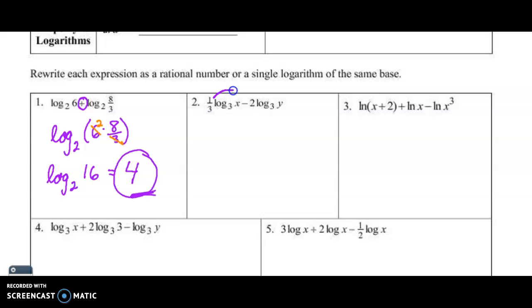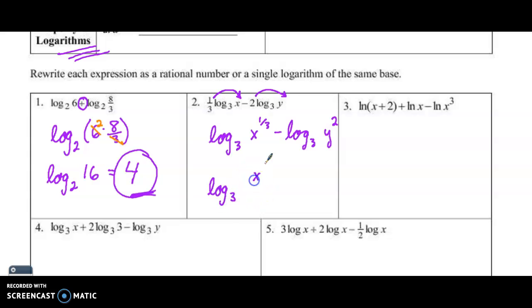So on the next one, I do want you to start and go slowly. There's no rush here. Log base 3 of x to the 1/3 power minus log base 3 of y squared. That's applying that third rule that was up here. But we also have this subtraction in here. So to combine subtraction, you use division.